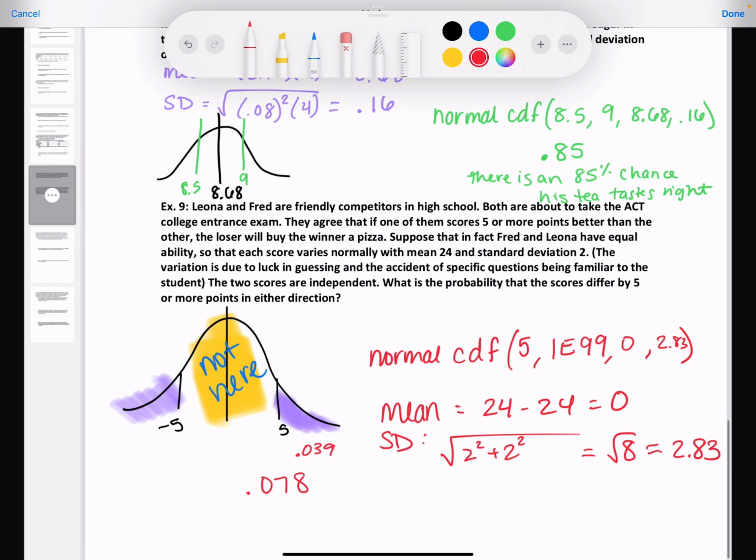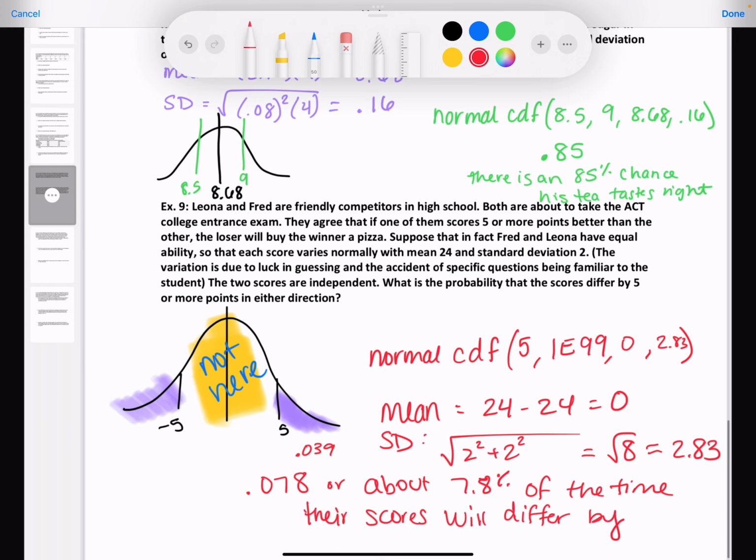So about 7.8% of the time their scores will differ by 5 or more points.